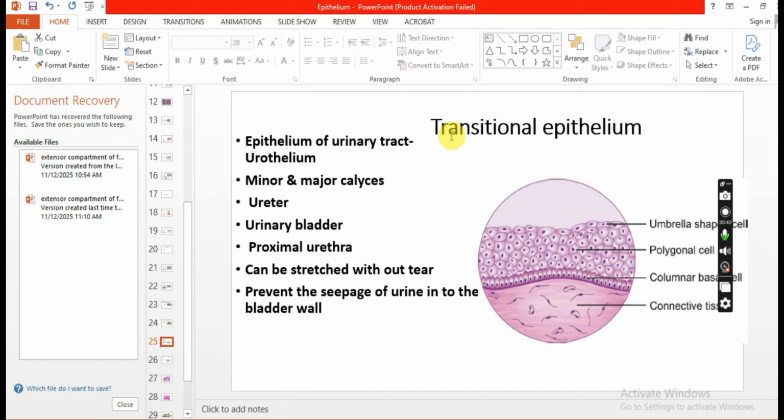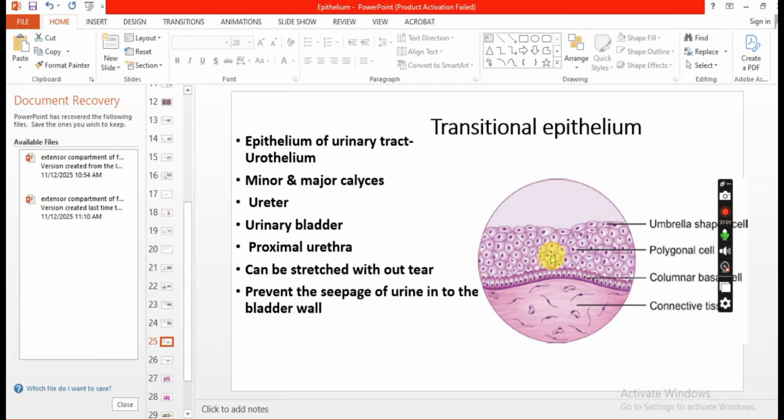Transitional epithelium. It is somewhat similar to stratified squamous epithelium, but here the superficial cells, the top cells, are not thin, flat squamous cells, but big, umbrella shaped cells.